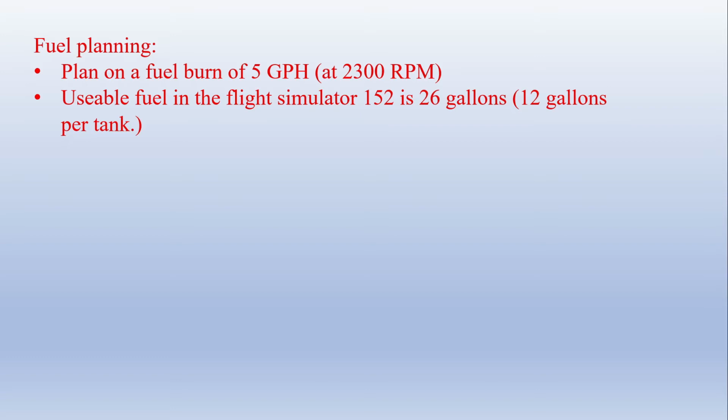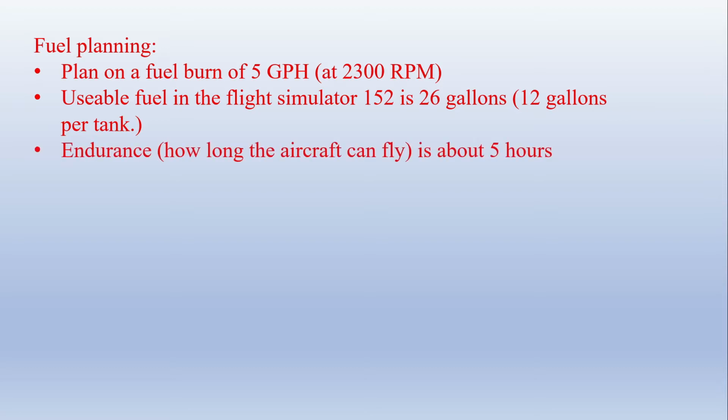In Flight Simulator, you get 28 gallons of fuel, but just like in the real aircraft, about a gallon in each side is not considered usable fuel. It will not drain out of the tanks in flight. In fact, when you get down to 1 gallon in each tank, the engine will quit. So you actually have about 26 gallons of what is considered usable fuel. At a burn rate of 5 gallons an hour, that gives us an endurance of just a little over 5 hours.